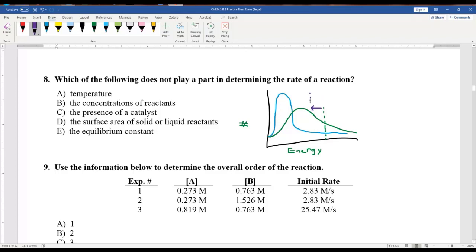It's going to reduce the amount of energy needed to make the reaction go. It does this by opening up a new reaction pathway. So that definitely increases the number of molecules that can react, and it'll increase the rate of reaction. What about surface area, solid or liquid reactants?